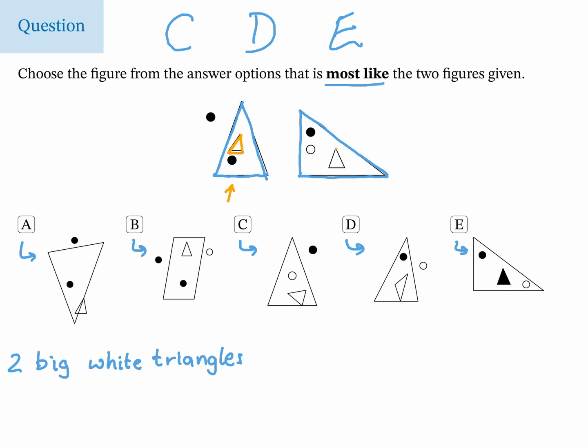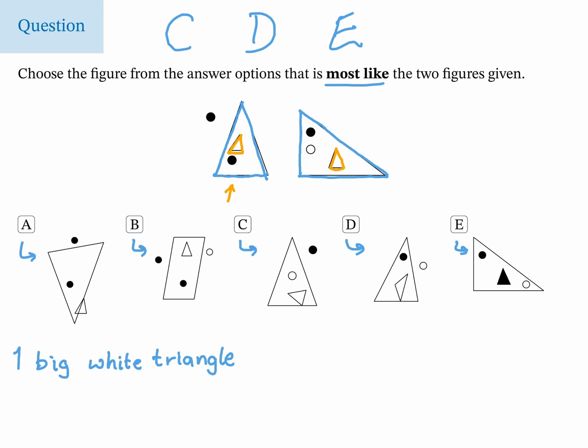And if we look at the other figure that we've been given, there's also a little white triangle inside the big white triangle. So that's similar across the two shapes. In fact, I'm going to slightly change what I wrote here. And I'm going to say that for each figure, we want one big white triangle. So this figure has one big white triangle and this figure has one big white triangle.